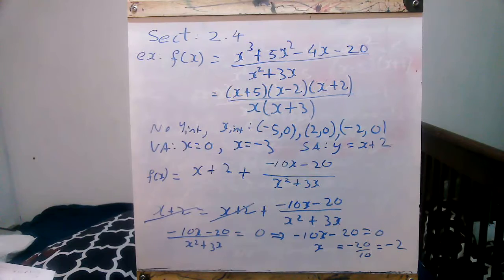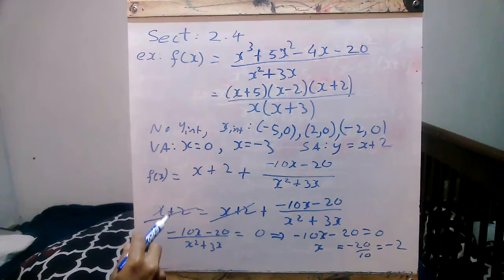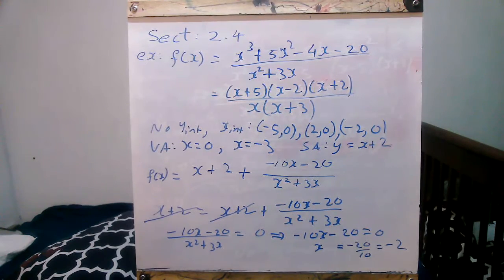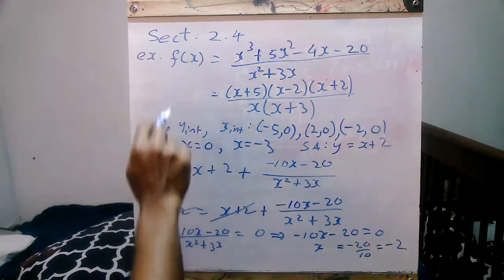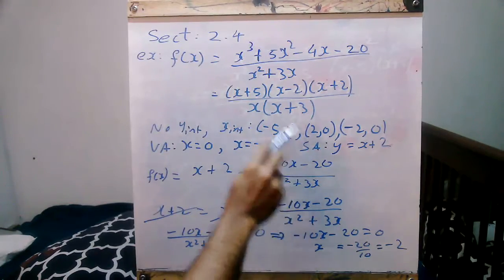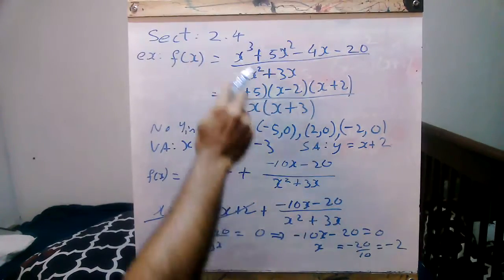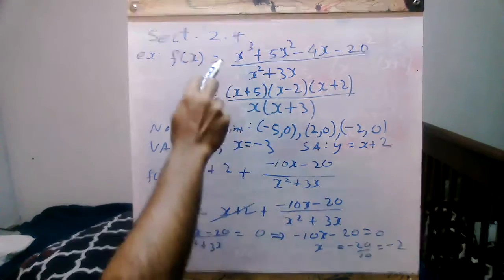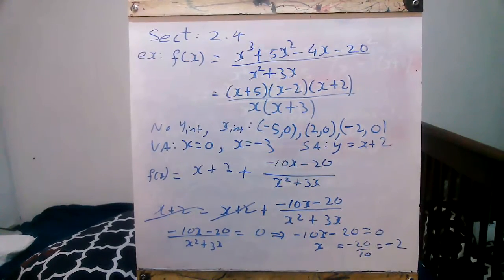Now this is the x coordinate of the point where the slanted asymptote and the function intersect. To find the y coordinate, we can substitute x equals negative 2 in either the function or the slanted asymptote, because at the intersection point they both have the same y coordinate.